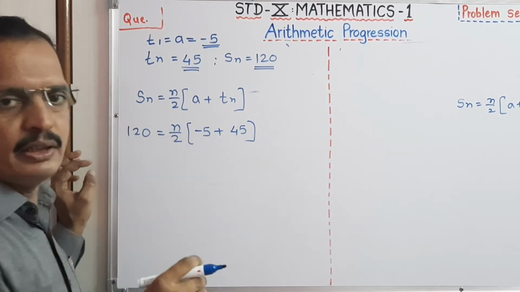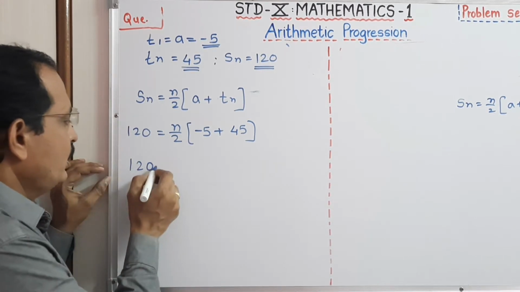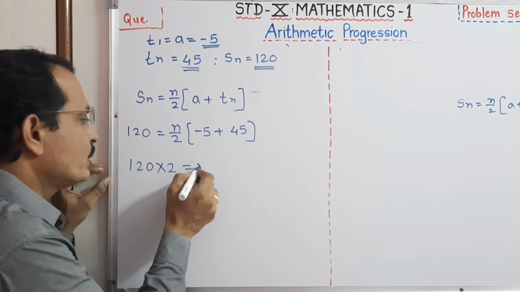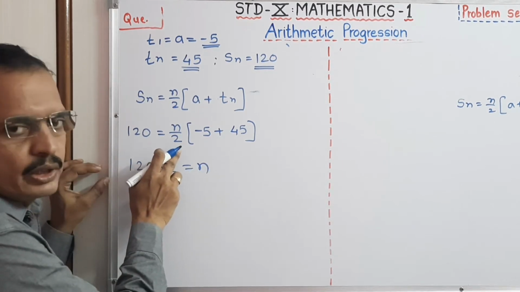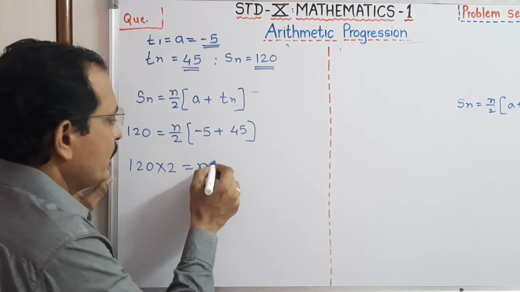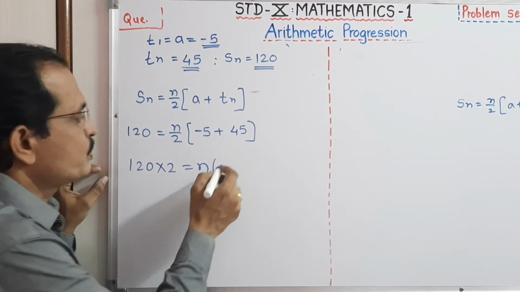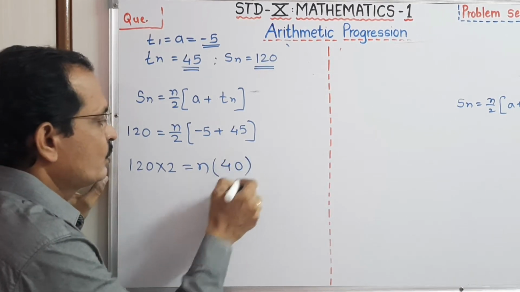Very simple, very easy. Now this 120 into 2 is equal to n. I take this 2 out to this side. Therefore 120 into 2 is equal to n into minus 5 plus 45. Minus 5 plus 45 is 40.